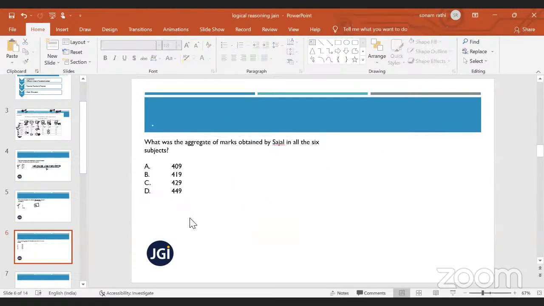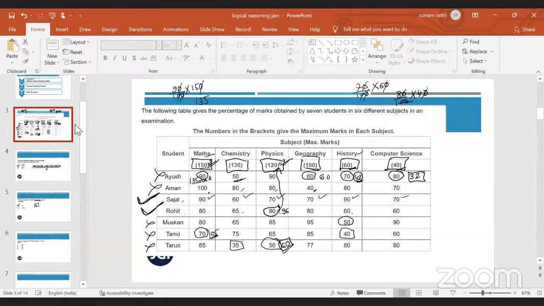What is the aggregate of marks obtained by Sajal in all 6 subjects? So for Sajal, you have to do calculation. Just look at Sajal, this entire row. So 90% of 150 plus 60% of 130 plus 70% of 120 plus 70% of 100 plus 90% of 60 plus 70% of 40. Okay, and add it.